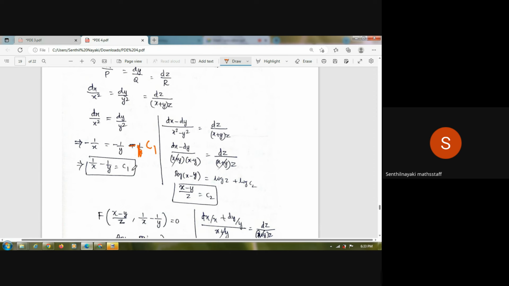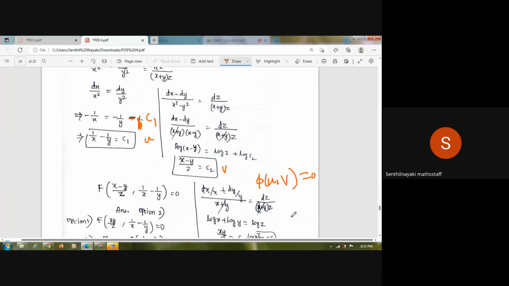So this is the first solution u, this is the second solution v. So the general solution can be written as phi of u comma v equal to 0. This is one form, and the second form is u equal to phi of v, and the third form is v equal to phi of u. In any form we can write.